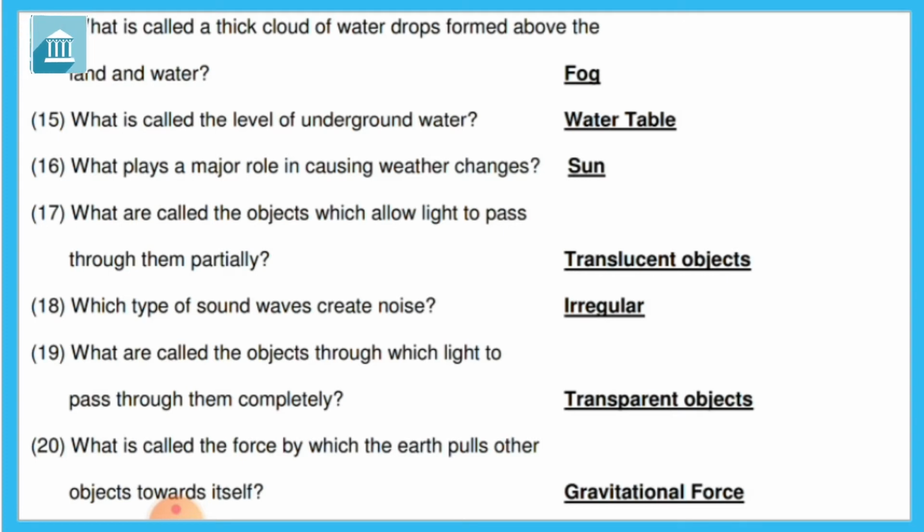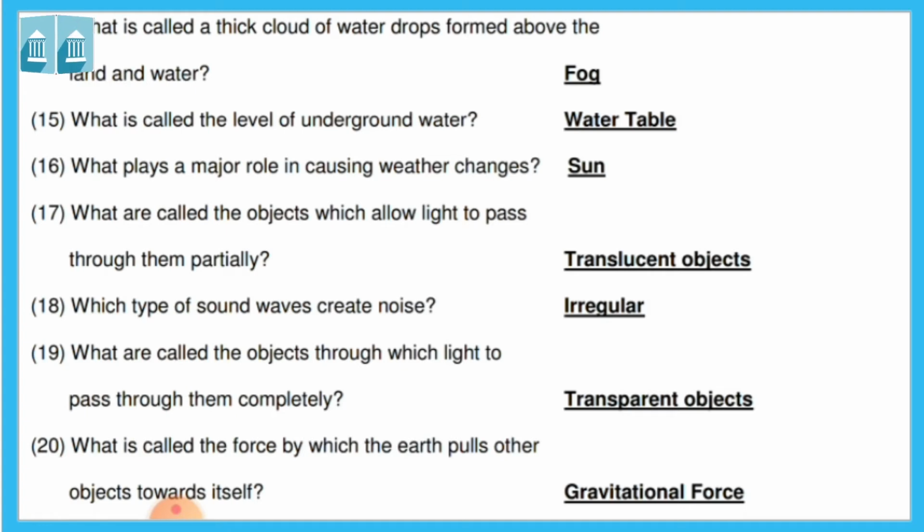Transparent objects allow light to pass through them completely. Translucent objects allow light to pass through them partially. Partially means we cannot see through the object completely clearly. We can see, but something lighter. So these objects are called translucent objects.